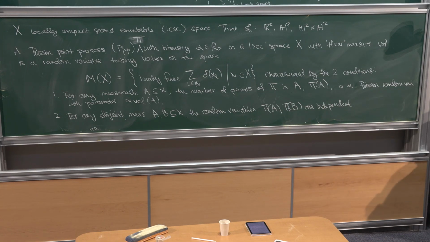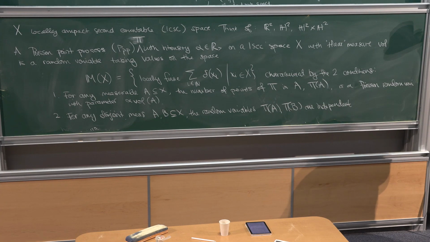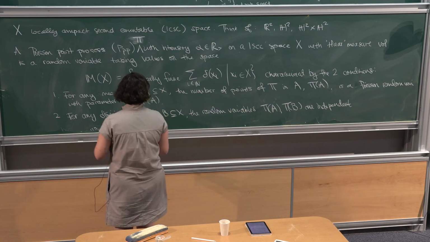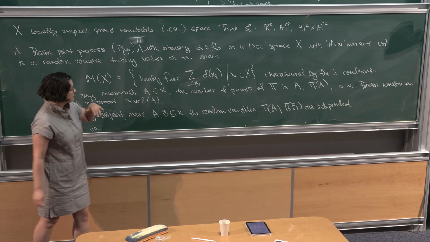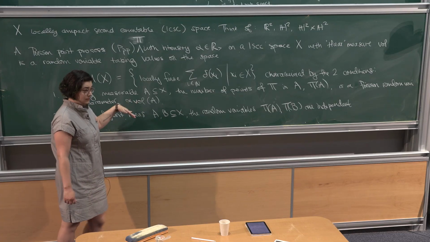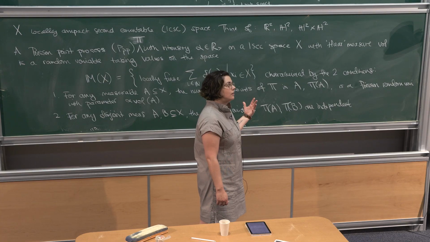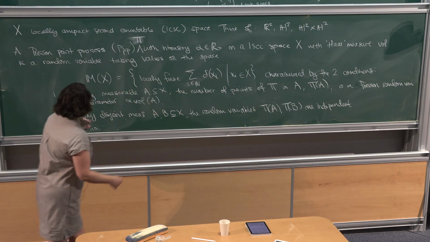Can I ask a quick question? Yes. You said there's some Haar condition, but I don't see it in the definition. Okay, well, it's important that it is left invariant to think of this. Left invariant under what? Is there a group behind?